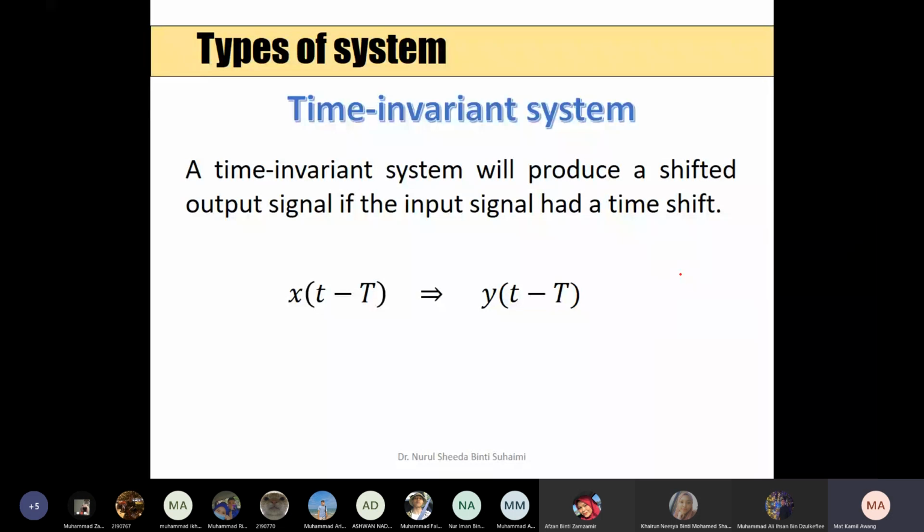So x of t minus capital T will produce y of t minus capital T. A delay of T in the input will produce a delay of T in the output. So if you delay the start of the class by 30 minutes, the class will end 30 minutes later.